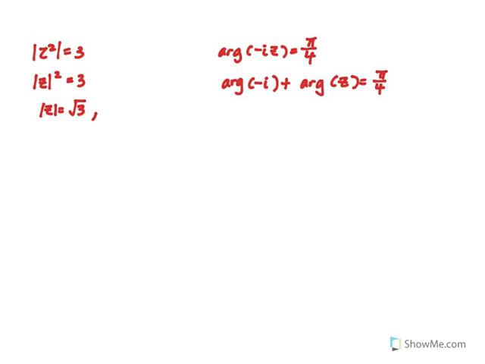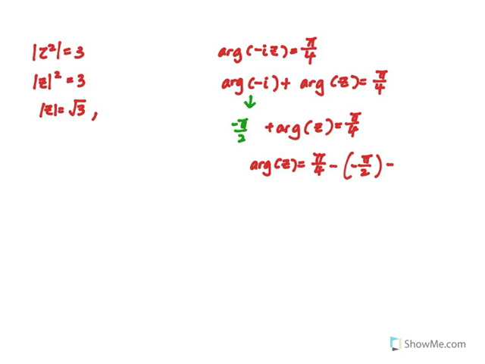So the argument of z equals pi over 4 minus negative pi over 2, which equals 3 pi over 4. There you go, we know the modulus and the argument of z.